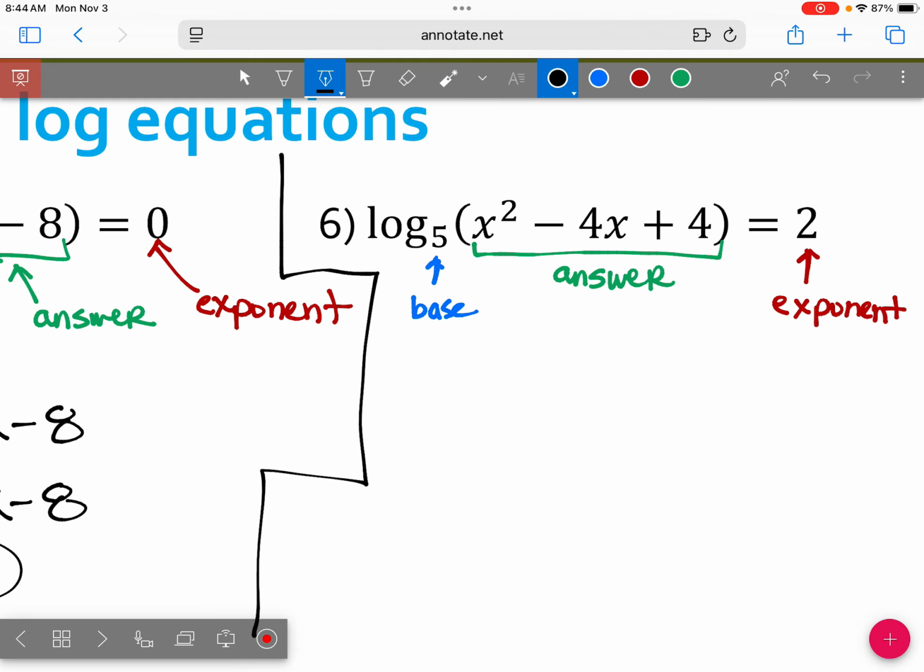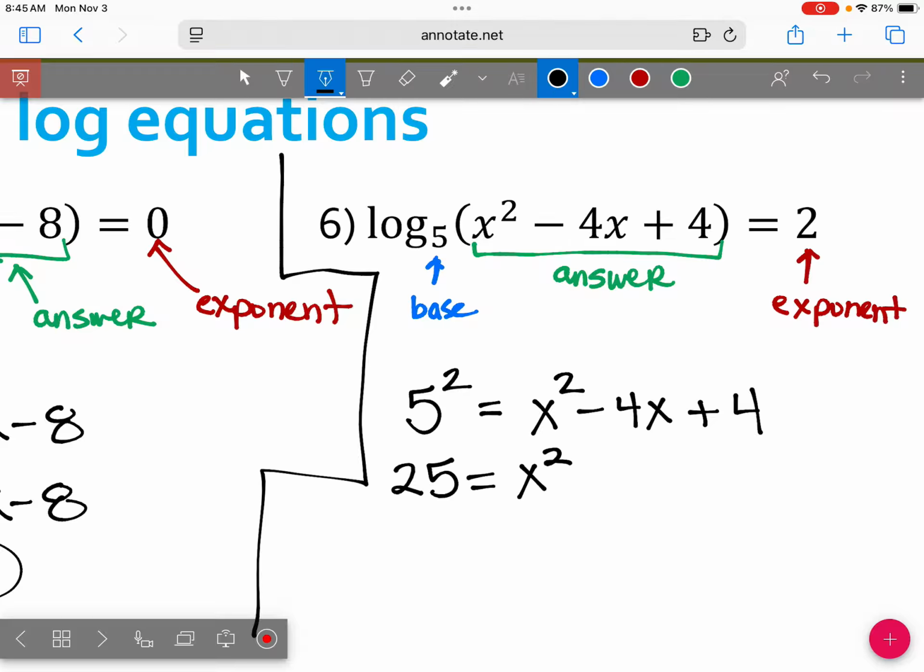So when I rewrite it, it's going to be 5 to the power of what? 2 equals x squared minus 4x plus 4. Which is going to be 25 equals x squared minus 4x plus 4.